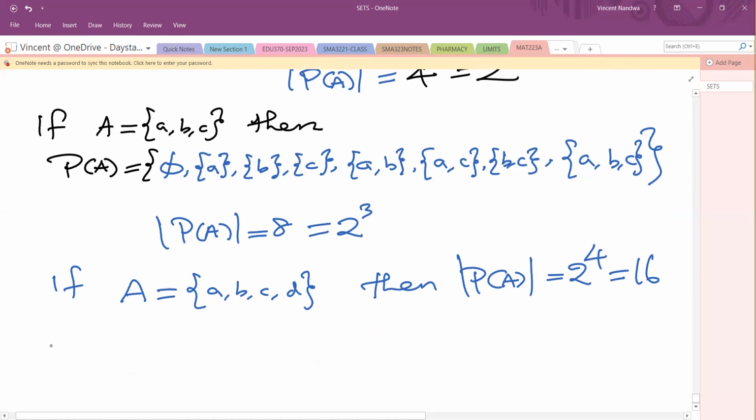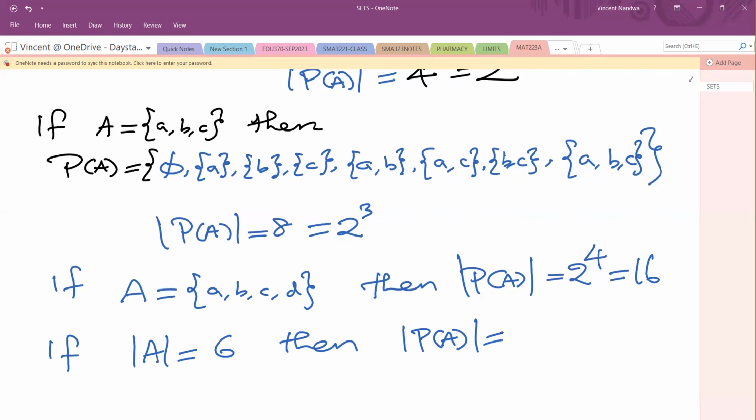And if the cardinality of A is 6, then the cardinality of the power set of A will be 2 raised to power 6, which is 64.